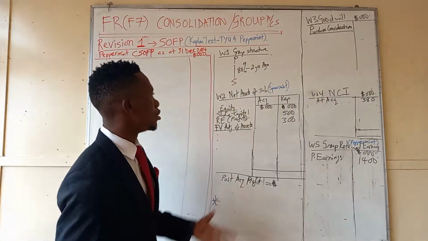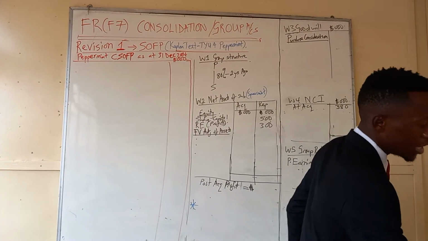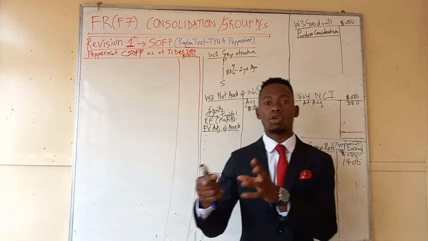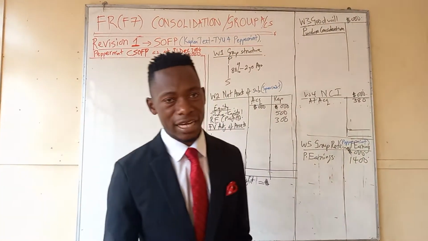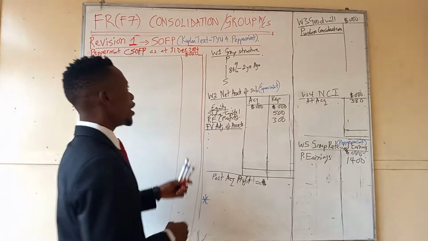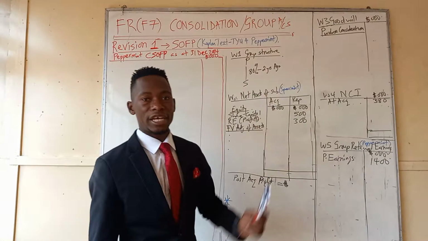So let's look at the question now. Let me read. Peppermint acquired 80% of the share capital of Spearmint 2 years ago. So they are telling us that the company acquired 80%, 2 years ago.